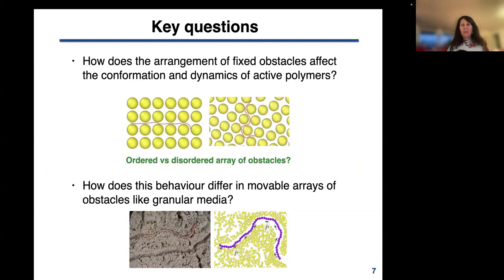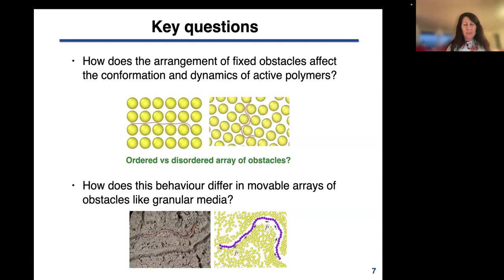So the key question I'm going to focus on today, based on the motivation I gave you, is how the arrangement of fixed obstacles affects the conformation and dynamics of active polymers. Of course, real heterogeneous media are much more complex, but just to keep things simple, let's start with a fixed array of obstacles in 2D.